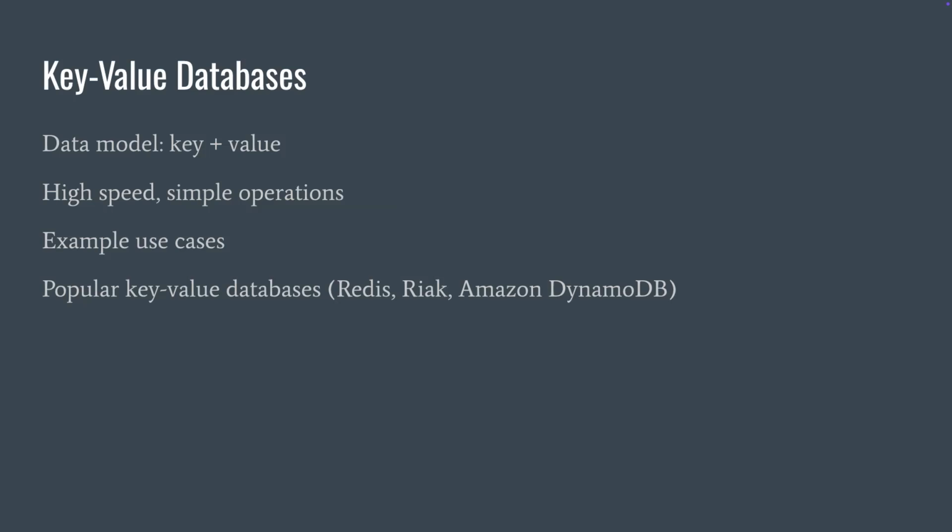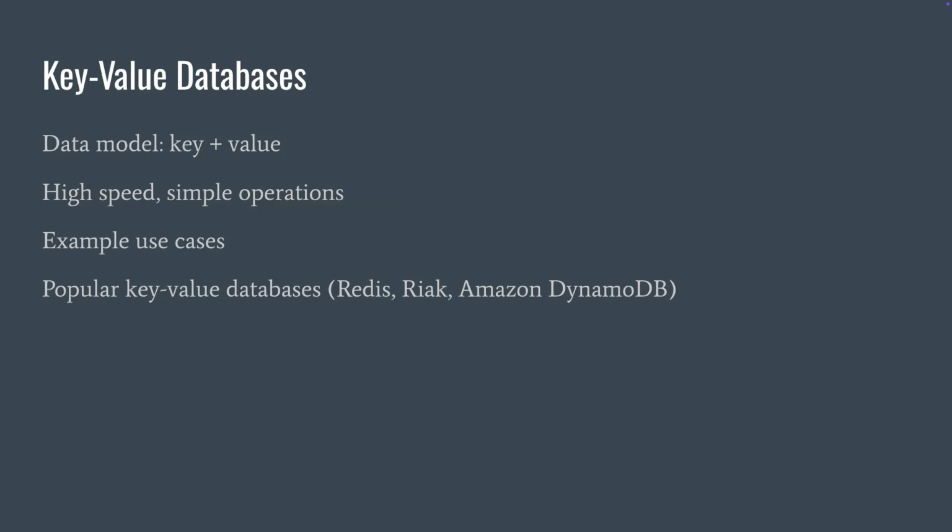Some of the popular options are Redis, which is an in-memory data structure store that provides ultra-fast reads and writes. Amazon DynamoDB is another option, a fully managed AWS service that implements a key value model, but is also partially document-oriented.